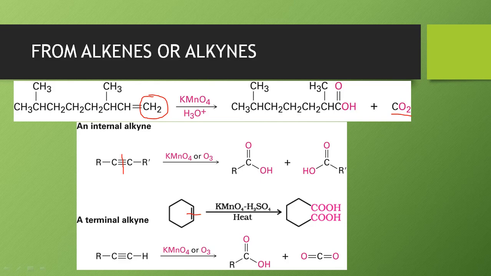If it is a terminal alkyne, means the triple bond is present at one side, then this part CH gets converted to carbon dioxide and the rest of the molecule will give you carboxylic acid.